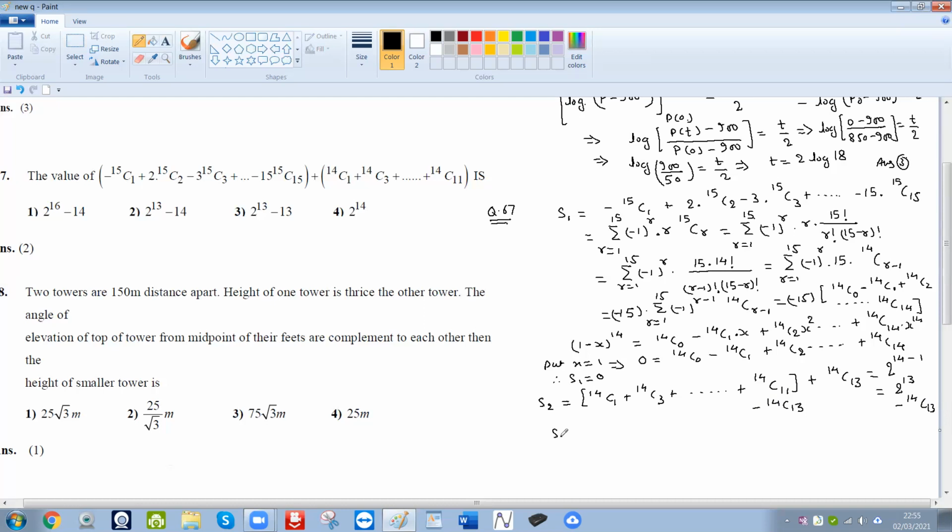So value of S2 becomes 2 raised to the power 13 minus 14 itself. So overall result S1 plus S2 gives me the second as the correct option.